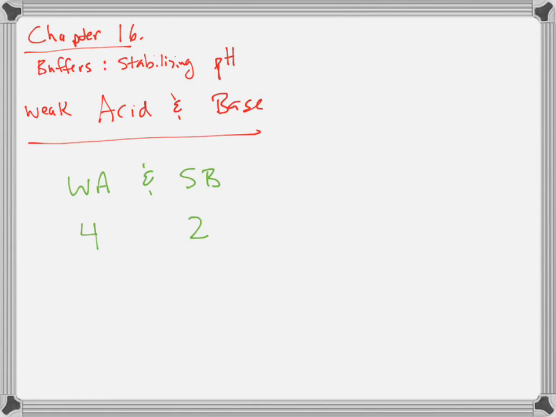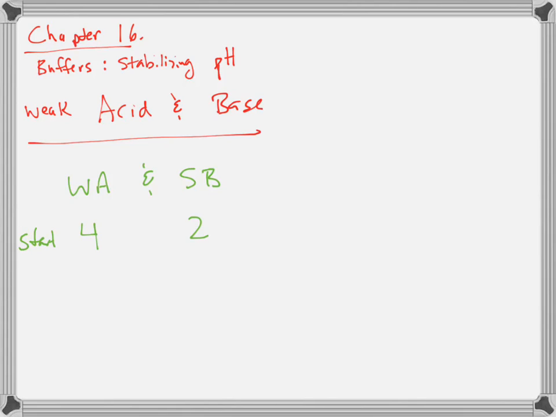So what we have to do is go through a non-equilibrium system. What happens when I add that weak acid and the strong base to each other? What do bases react with? Acids. Do we have an acid and a base? Yes.